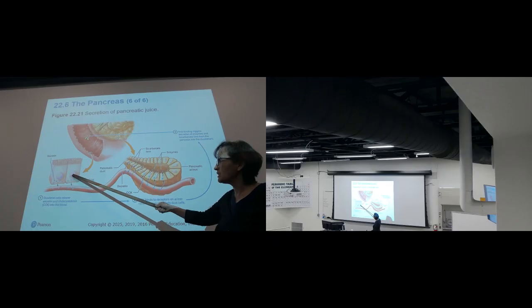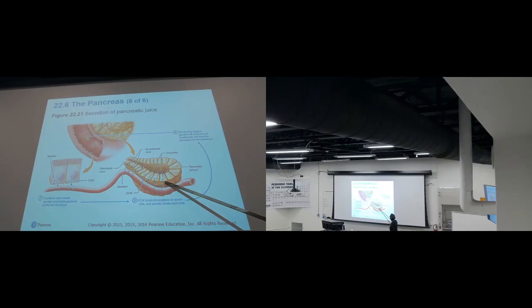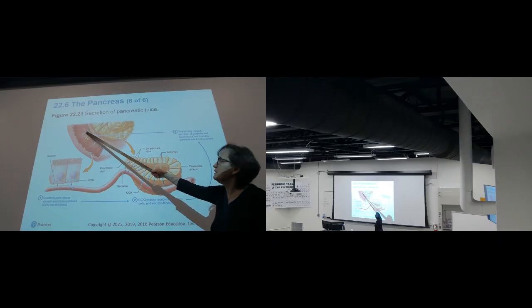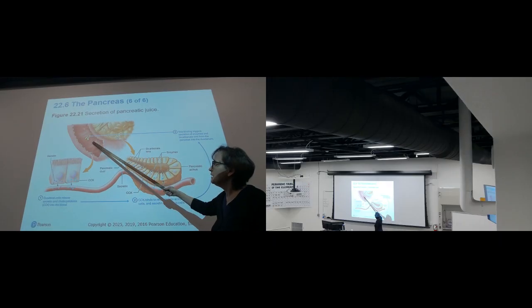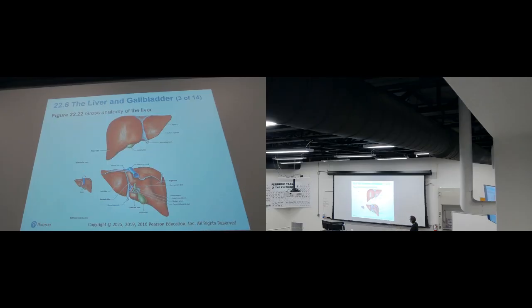Secretin enters together with cholecystokinin into the bloodstream, and then this reaches the acini, the acinar cells of the pancreas, and then you have CCK binding to these receptors, and the secretin binding to the duct cells. And then you will release bicarbonate and enzymes. And then all the pancreatic juices will empty into this second portion of the duodenum so that you can have active enzymes.